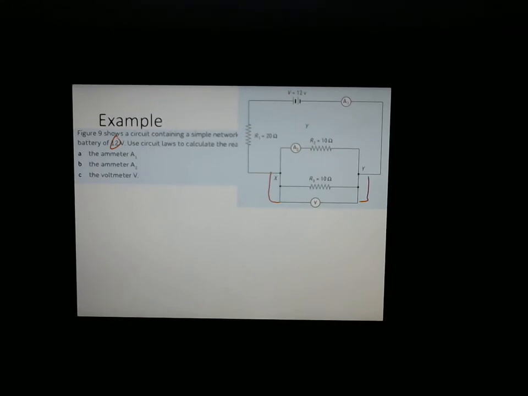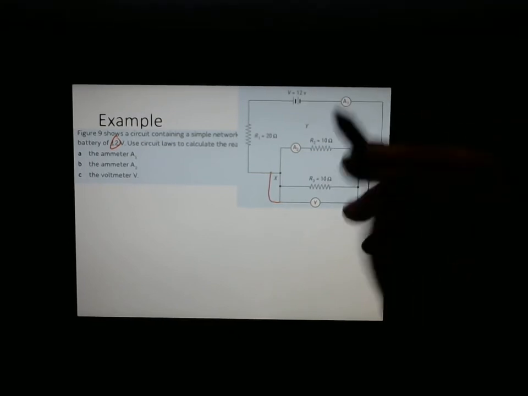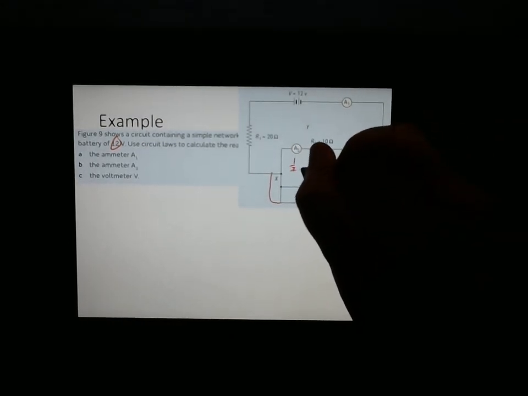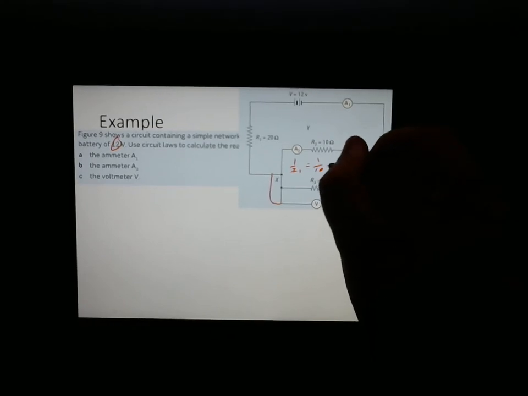We have a few resistors. The best thing to do if you've got resistors and you know those resistance values is work out your equivalent resistance. Sometimes the question will ask you for it, sometimes it won't, but it's nearly always needed. So here we have 2 resistors in parallel. That means that we need to use 1 over RT equals 1 over 10 plus 1 over 10.